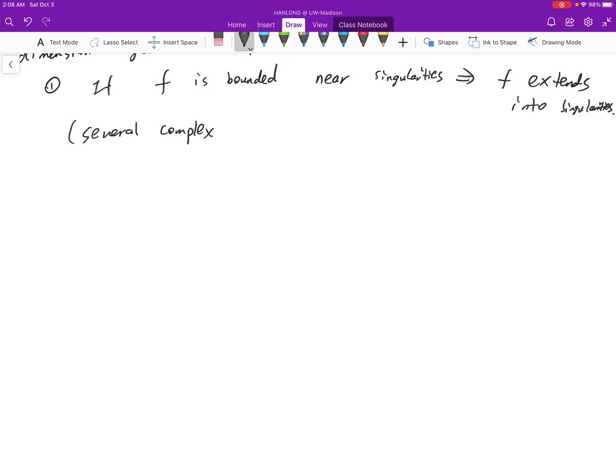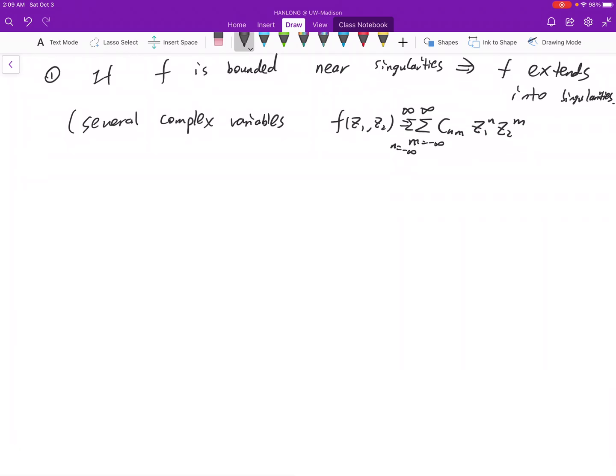It's very easy to define. f(z1, z2) has a power series expansion in z1 and z2, so you have a double sum. Okay, I will not get into the details.